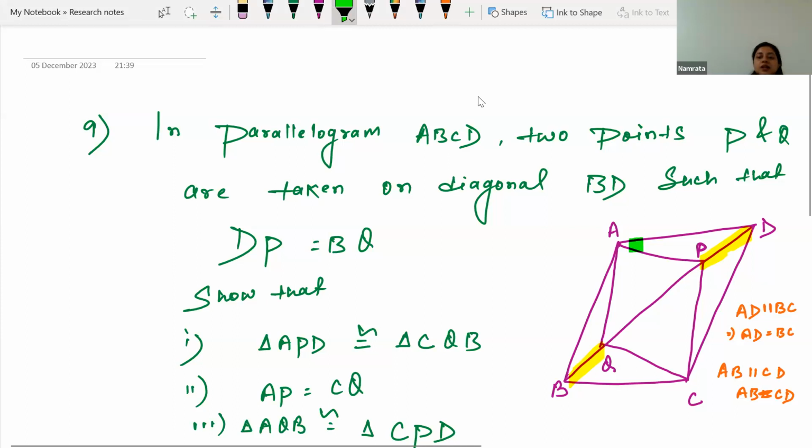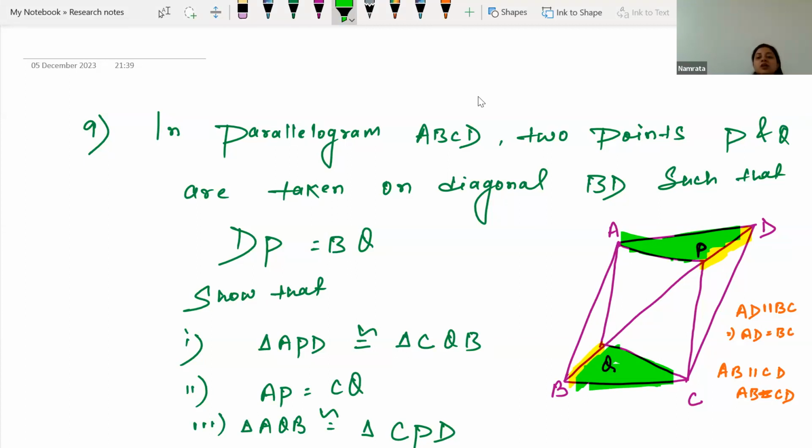This is our triangle APD, and this is our triangle CQB. We have to prove that these two triangles are congruent. So let's see what information we are having in hand.